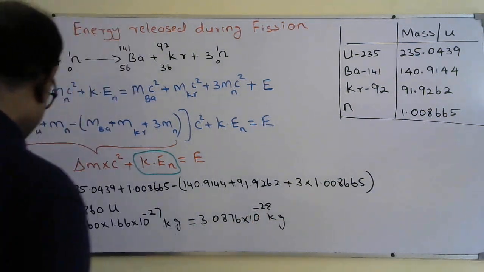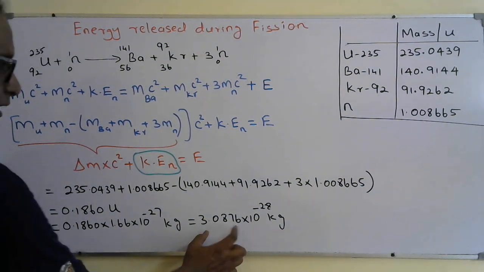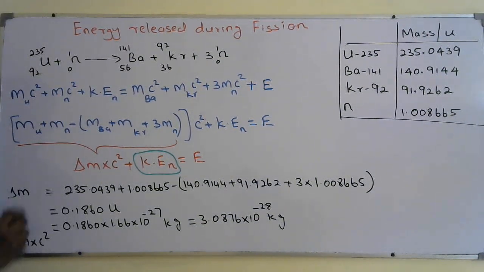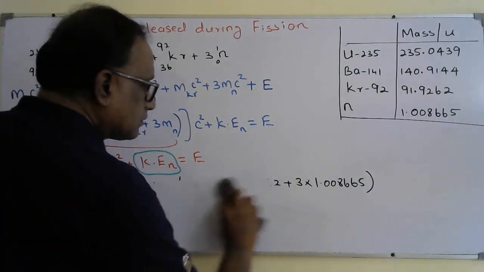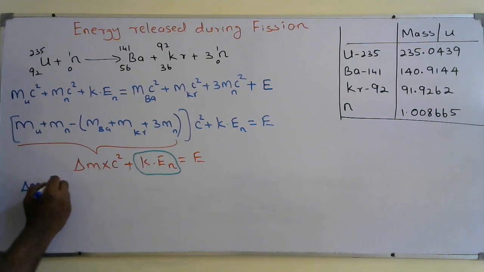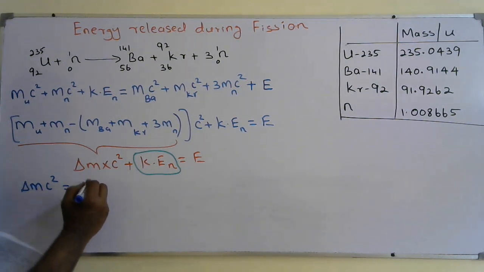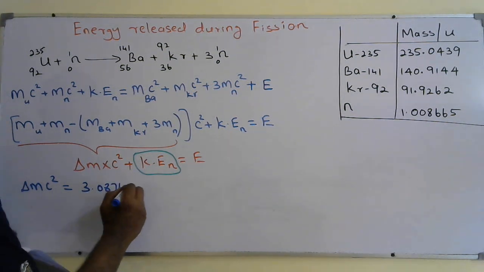Anyway, we find the energy release in terms of mega electron volts. So the mass deficit is 3.0876 times 10 to the power minus 28.